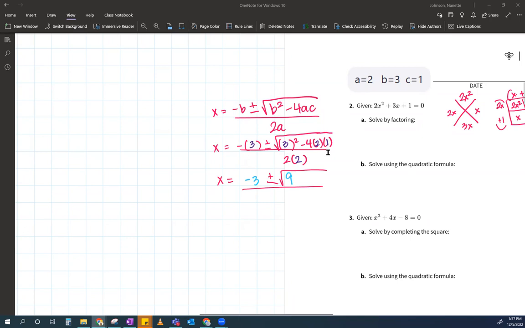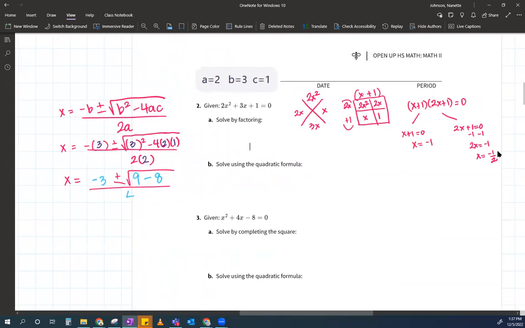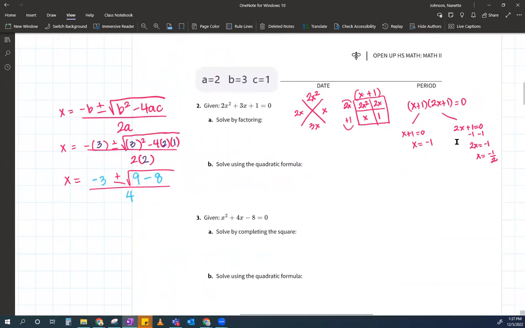So that's -8 divided by 4. I keep thinking, I already know what my answers are over here. How does this craziness turn into that? And you'll see it actually does, which is neat.